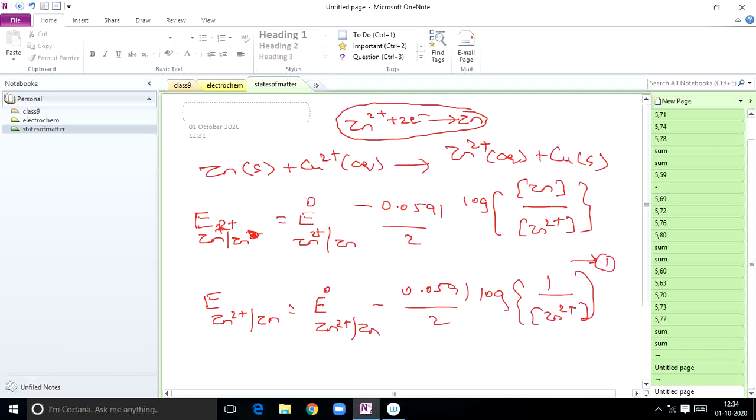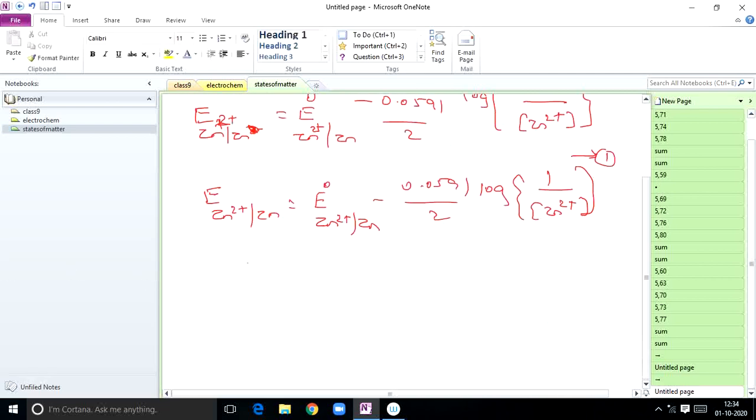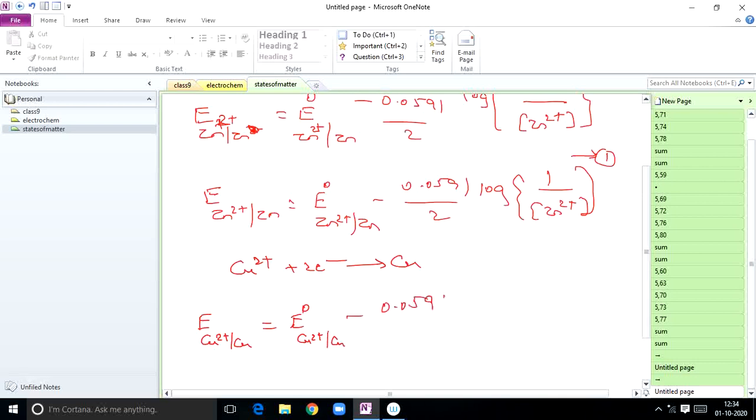Now for copper also the same thing, only in terms of reduction potential. Copper means Cu2+ + 2 electrons gives rise to Cu. If you apply the same Nernst equation, E Cu is equal to E naught Cu2+/Cu minus 0.0591 by n, and n here is 2 electrons, into log of concentration of Cu by concentration of Cu2+.